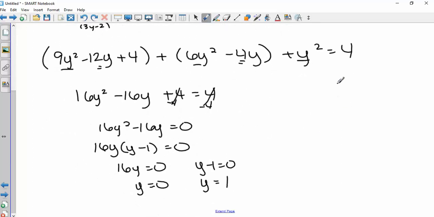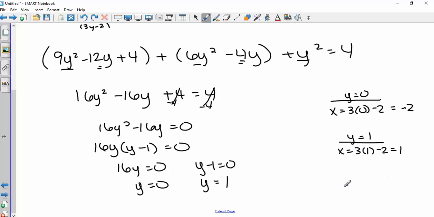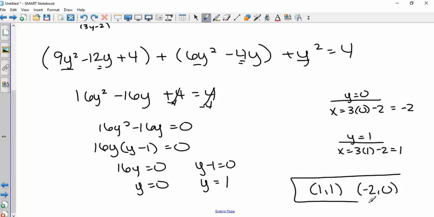If you look back at the beginning, we already said x is 3y minus 2. So we get 1, 1, and negative 2, 0 for the solutions.